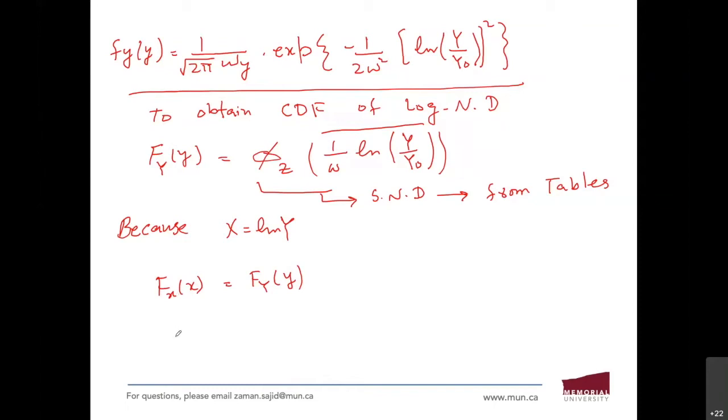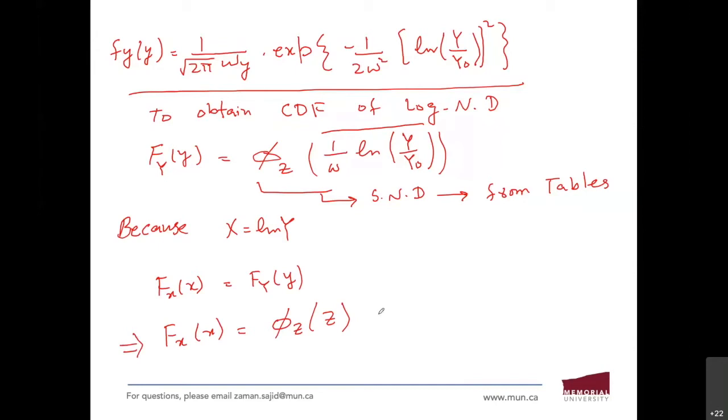Or I can say that this term will be equal to phi of z in terms of normal distribution.